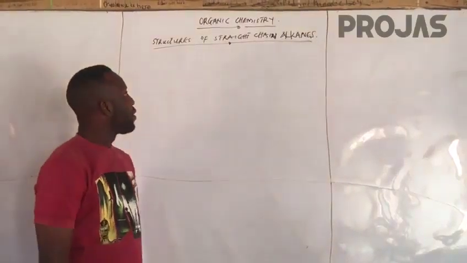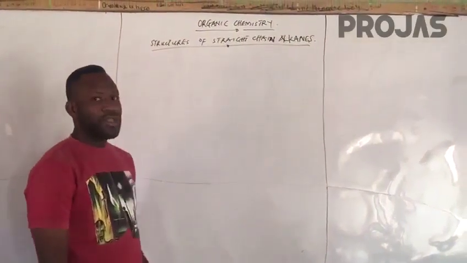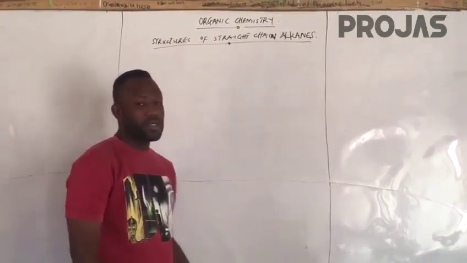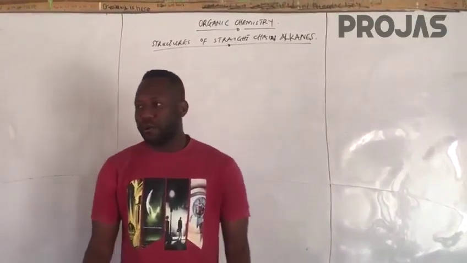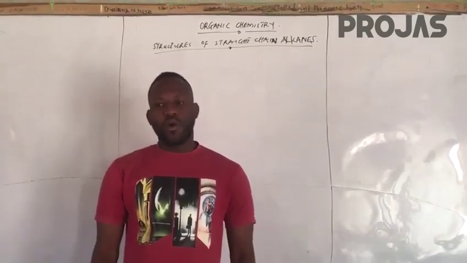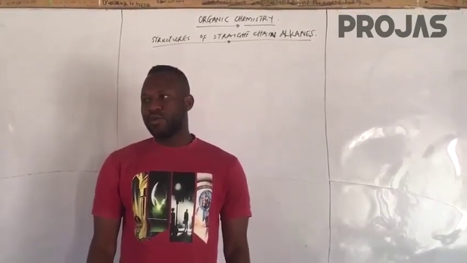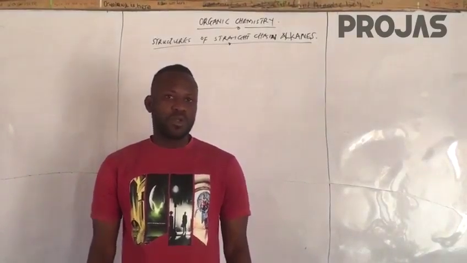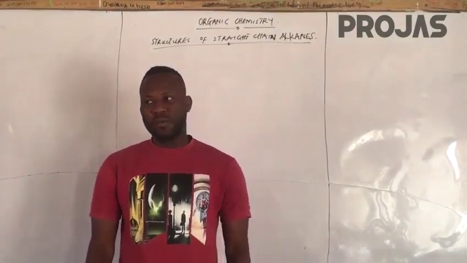So, in today's class, we want to consider structures of straight chain alkanes. It is important for you guys to understand how to draw the structure, how to give the structures of some hydrocarbons.